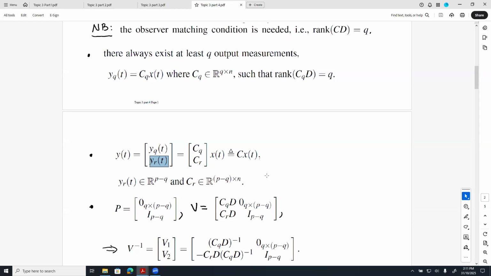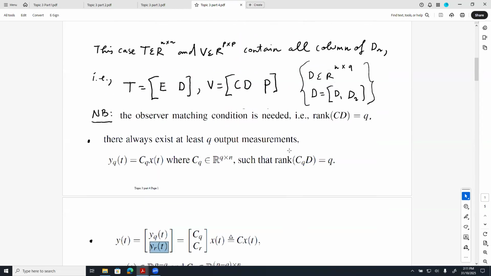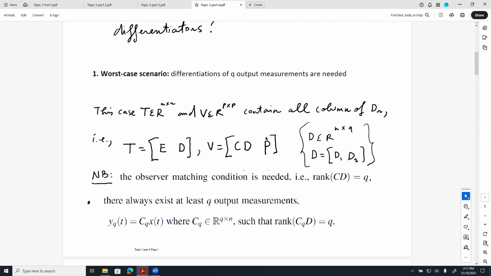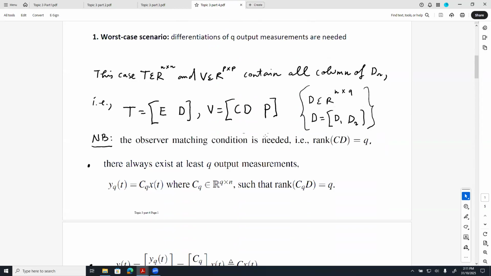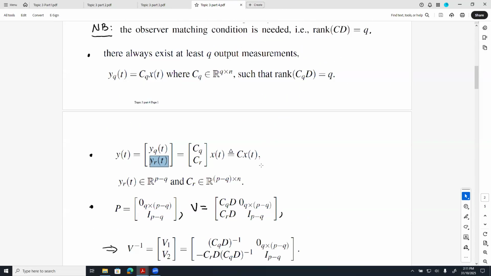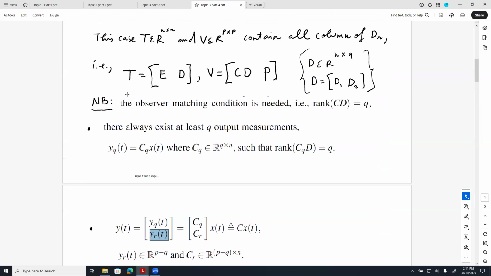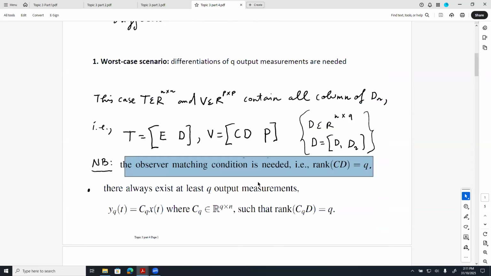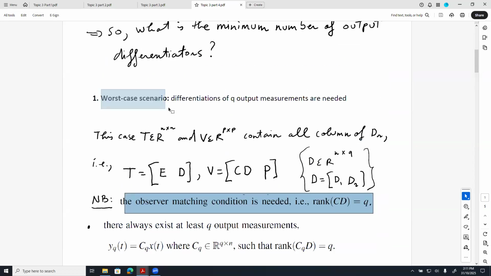So when we look at this clearly, we require the number of outputs P to be more than the unknown inputs, which normally holds true here. Okay, remember, this is the worst case scenario.